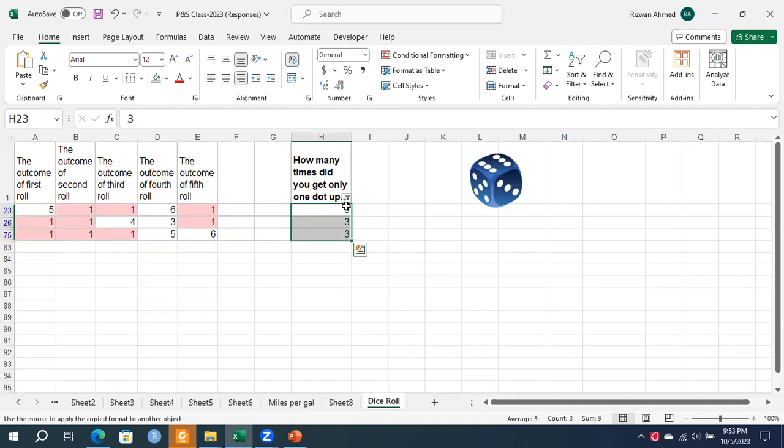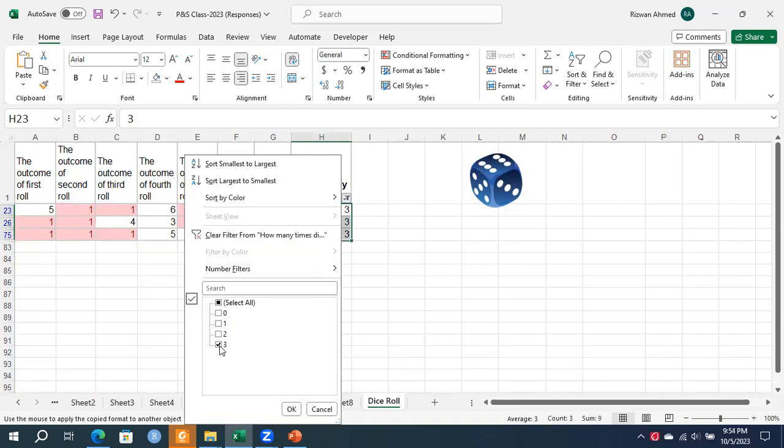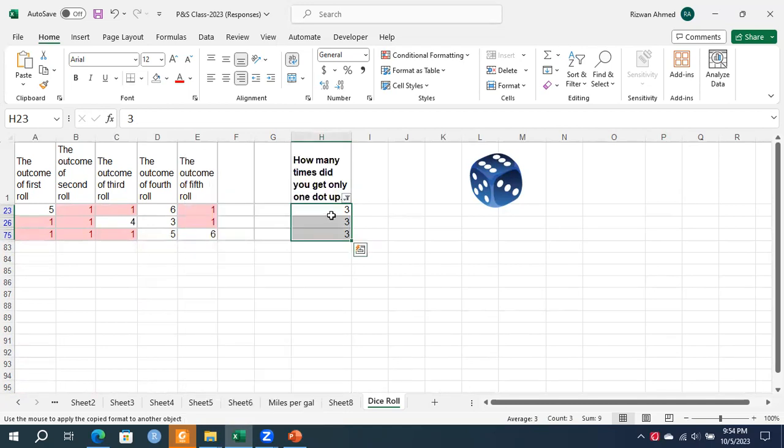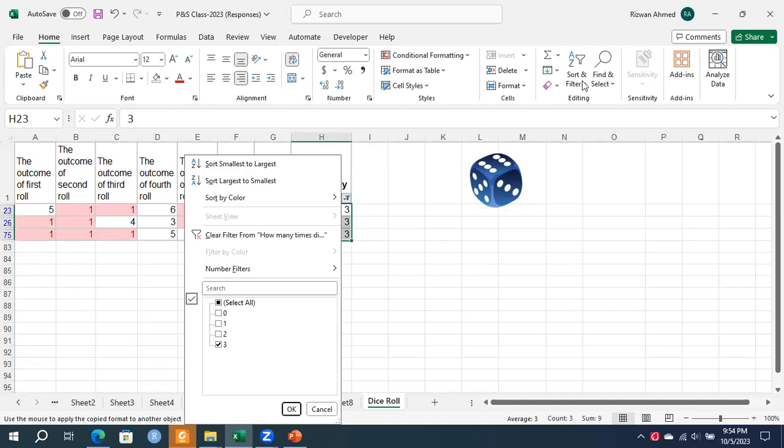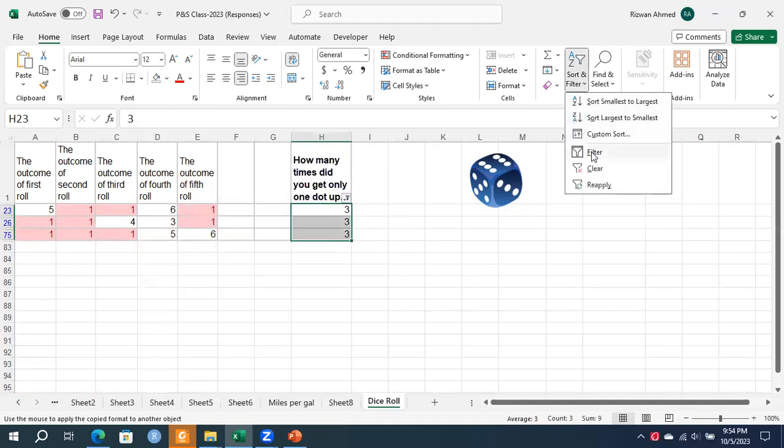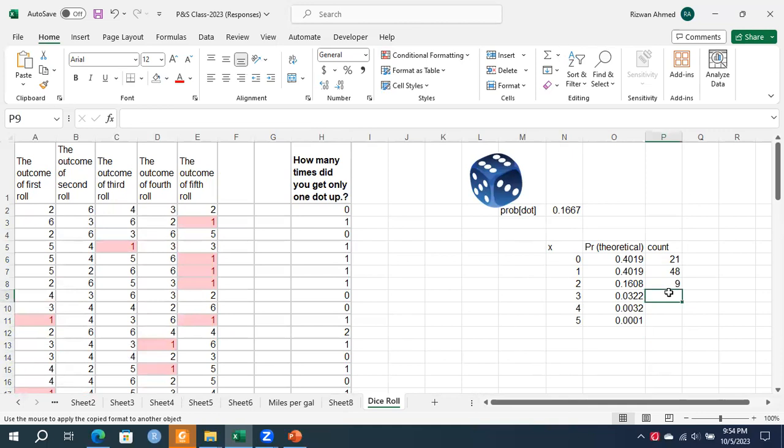So 3, even though 4 times getting this desired outcome is also a possible case. Let's remove the filter. Okay, so 3 times we got this outcome, and then 0 and 0 for this one.